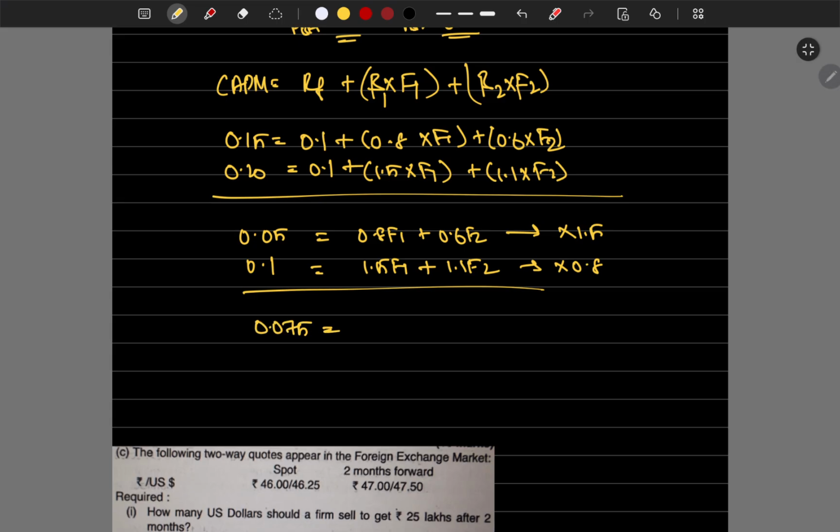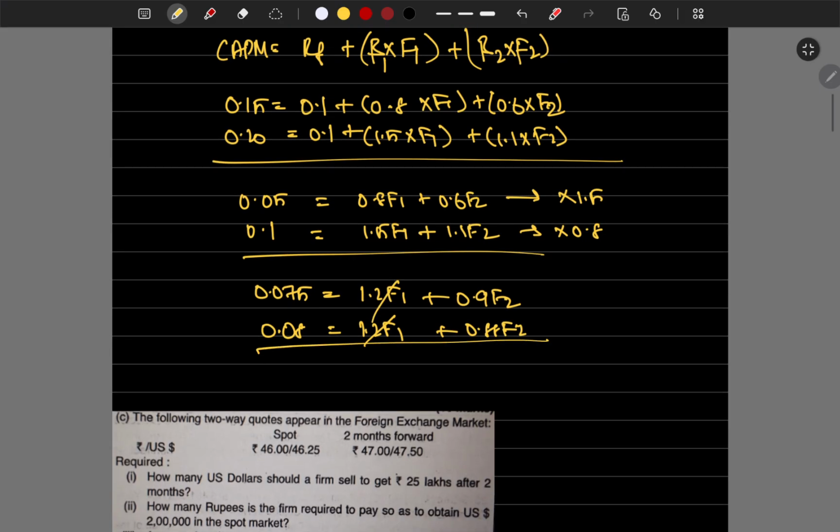0.075 is equal to 1.2 F1 plus 0.9 F2, then 0.8 into 0.1, which is 0.08, is equal to 1.5, which is 1.2 F1 plus 1.1, which is 0.88 F2.